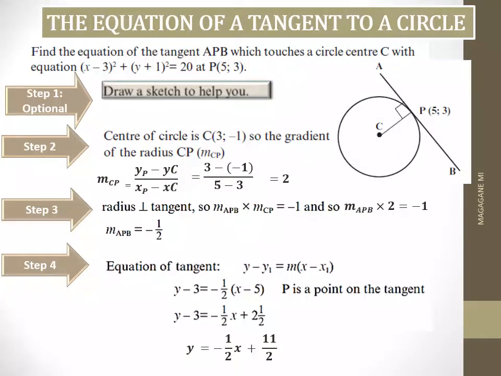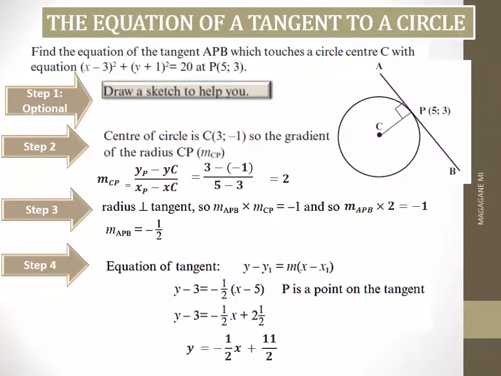So now let's substitute. So we have y minus 3. y1 is our y at P, equals -1/2, which is our m, which is the gradient, into x minus 5. 5 is our x at P. P is a point on the tangent, so not C. The tangent does not pass through C. Therefore, we'll have y minus 3 equals -1/2 x plus 5/2.